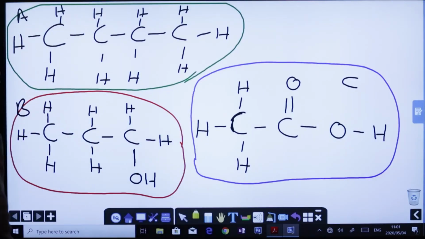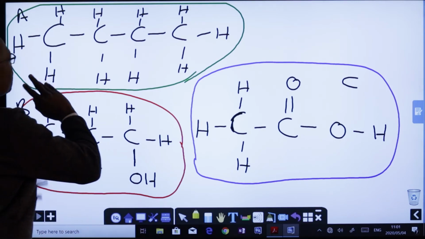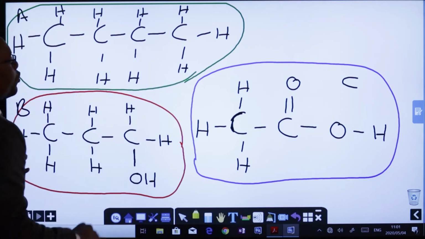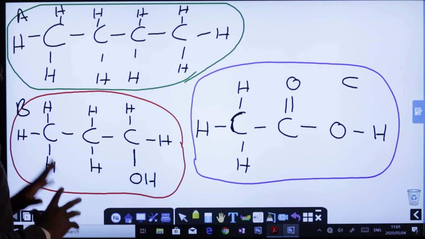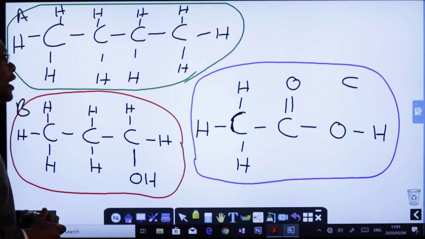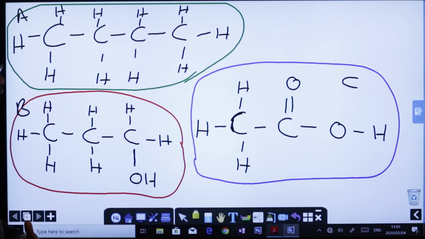So we are going to notice that in A, there are no special functional groups other than the simple carbon-hydrogen bonds and a simple straight carbon chain. So the intermolecular forces we are going to have here are those weak van der Waals forces. Why are we saying they are weak?